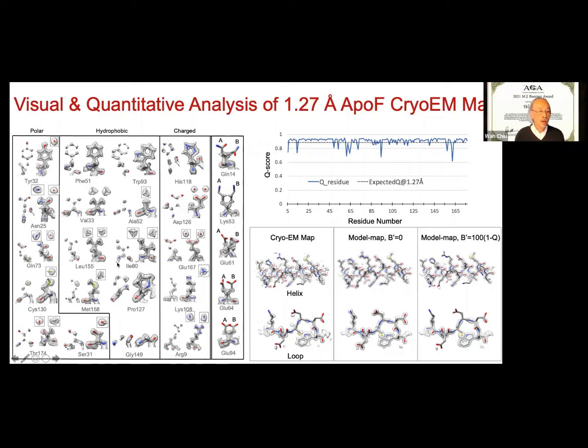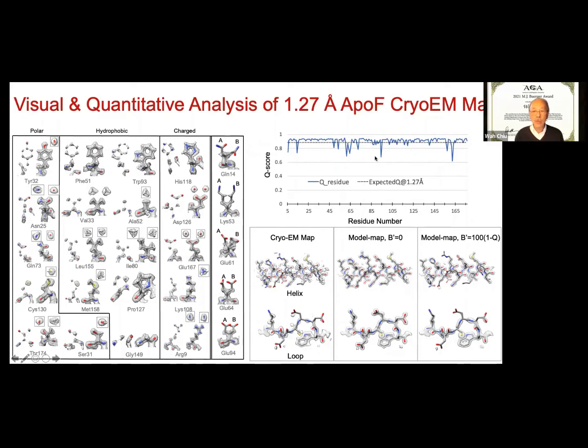So in addition to looking at and enjoying the density, we can actually quantify, again, using what we call the Q score, which is the convolution of each atom density with respect to a reference density, which is a Gaussian with a small width. And we now routinely use this as a metric to assess the quality of the map at 1.27 angstrom resolution.